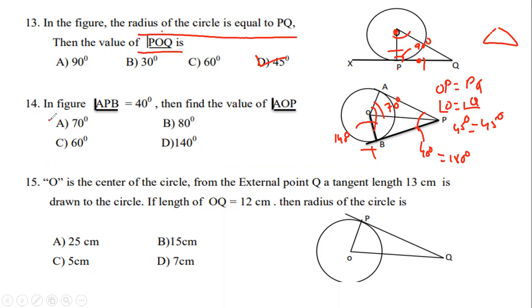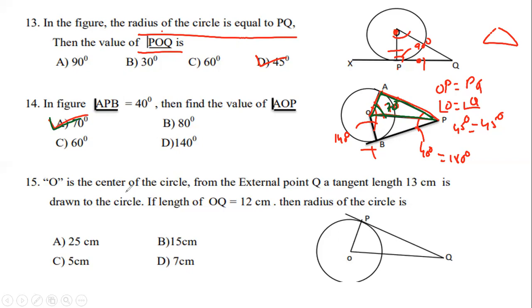Which option is right? Option E is correct, but only this part you need to find out. You get confused, so only this part. So this one is 70 degrees, so option A is correct. Then go for the next sum.